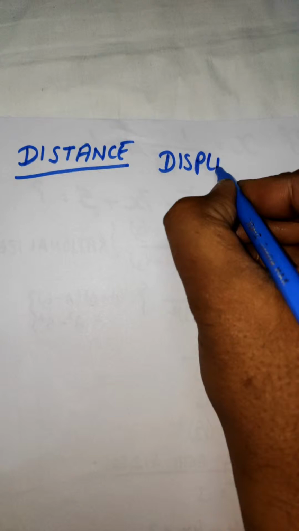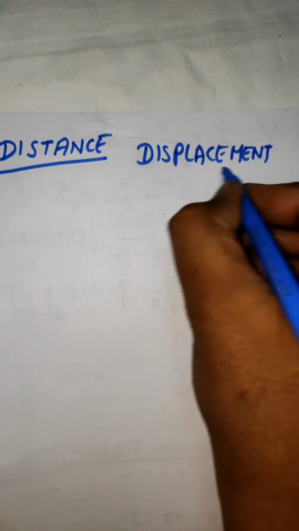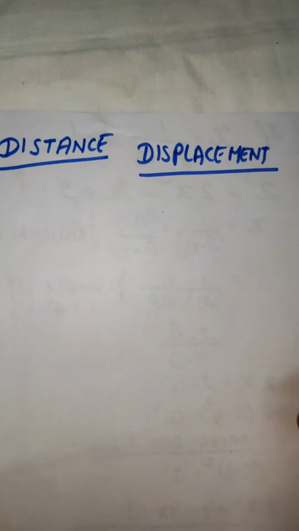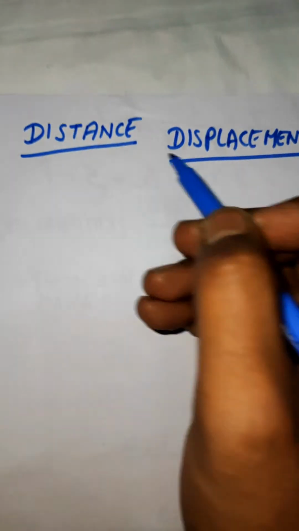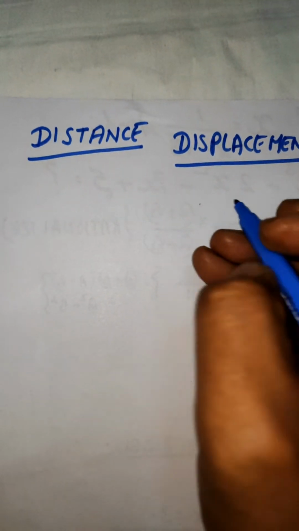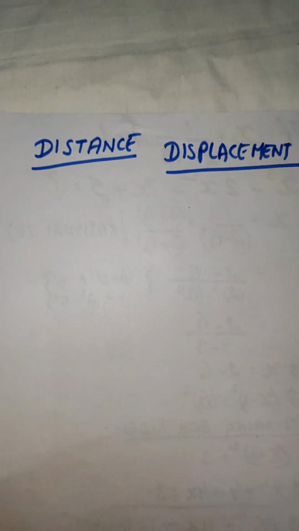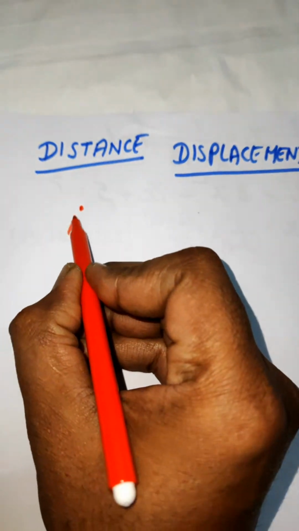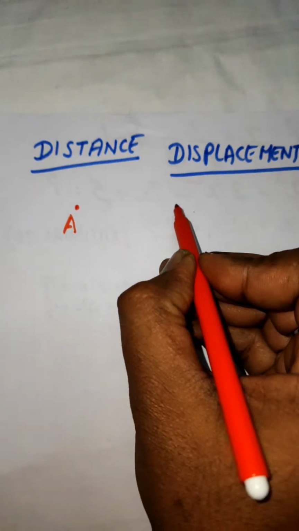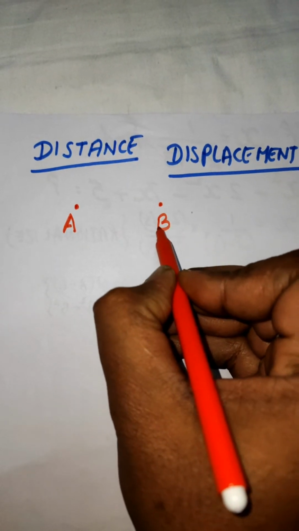What is displacement? Right, so the distance between 2 points, let's say A and B. Let's say A is a point and B is a point.